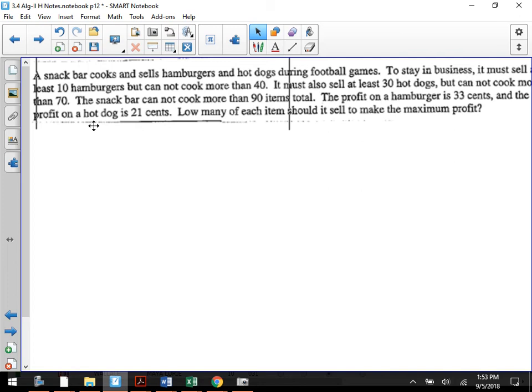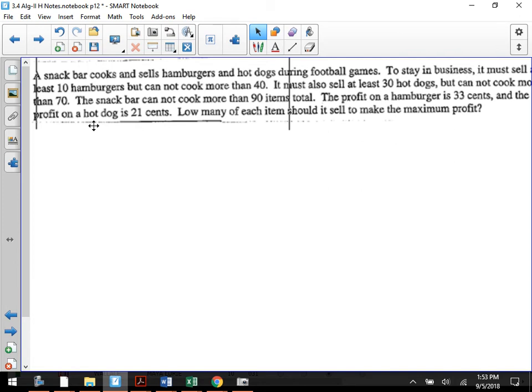How many of each item should it sell to maximize profit? It doesn't matter what you're selling them for, because if I'm selling them for $2, that means I'm buying them for $1.67, and I'm only making 33 cents profit.